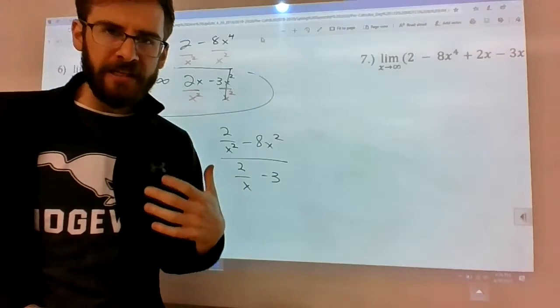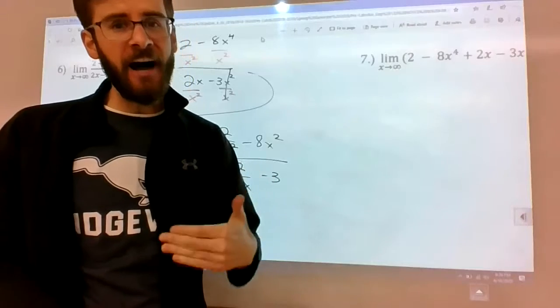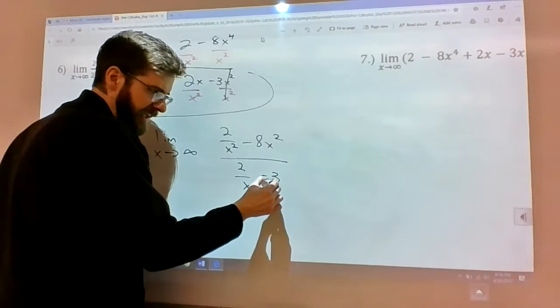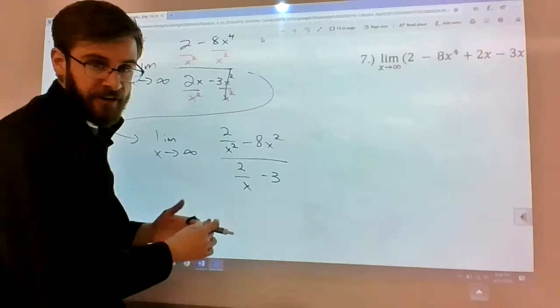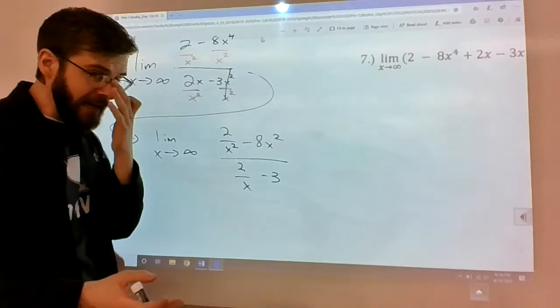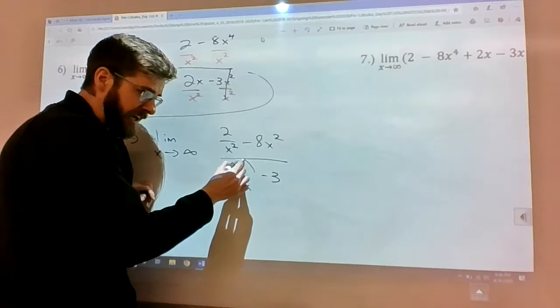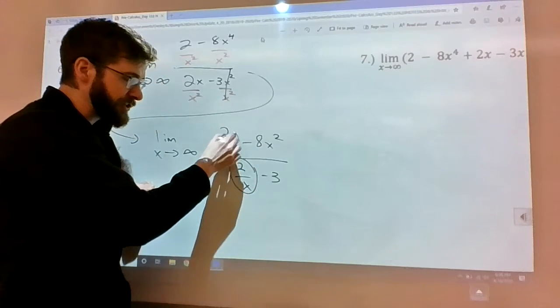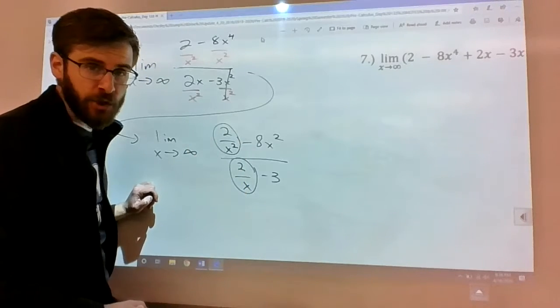Now think about when you apply infinity to any finite amount. This is going to be unscathed. The negative 3 isn't going to be affected. However, 2 divided by infinity zeroes out. 2 divided by infinity squared zeroes out that much quicker.